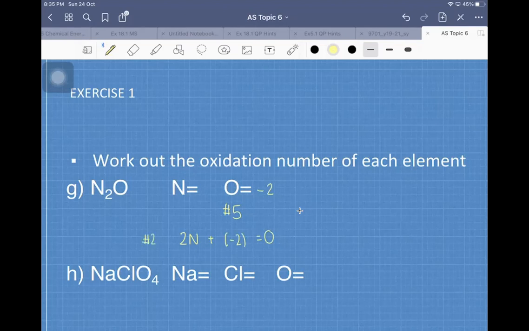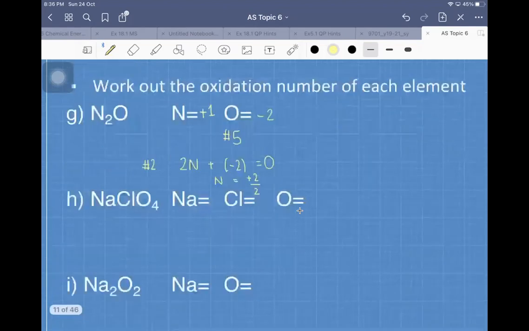The sum must be equal to 0. So if you work it out, -2 will become +2 when you move it to the other side, divided by 2, and will work out to be +1. Right, so that's not the usual oxidation number of nitrogen, but that's not to say that it cannot happen. It is possible.